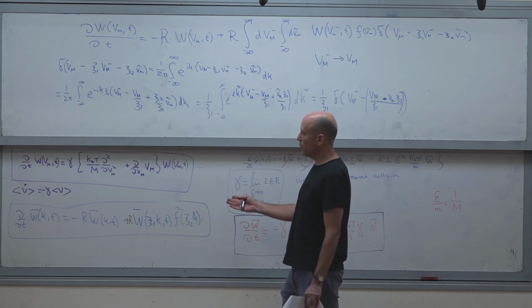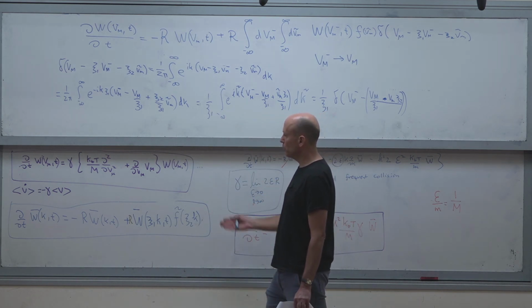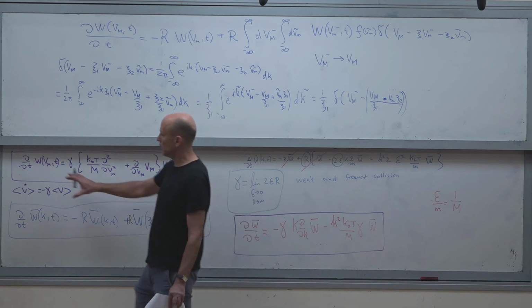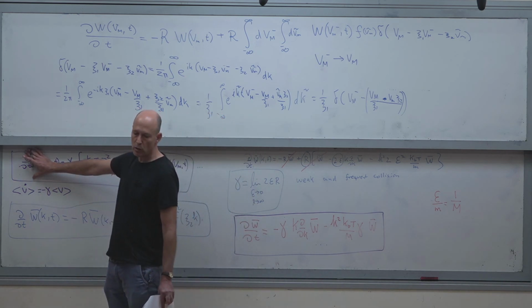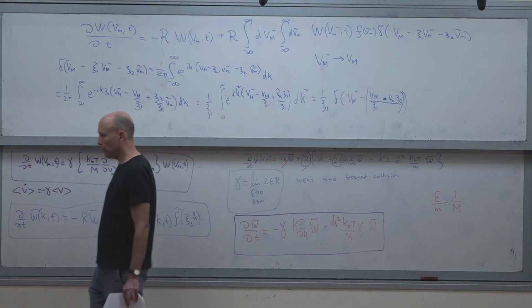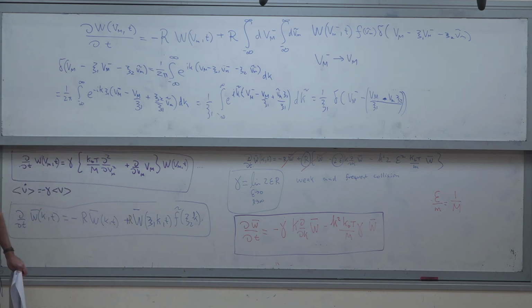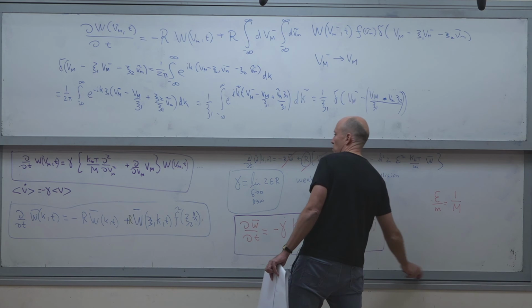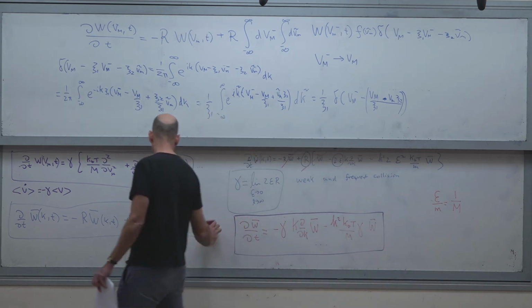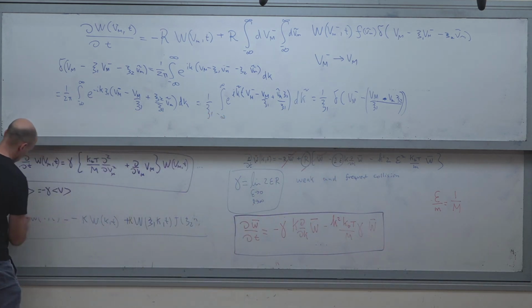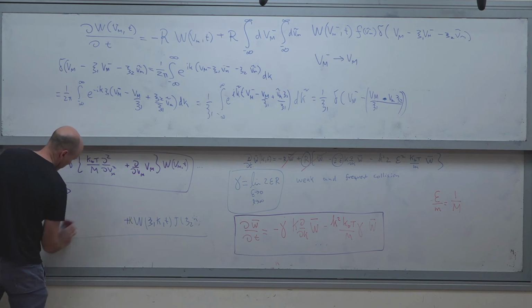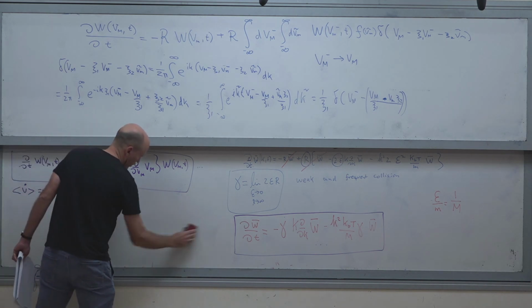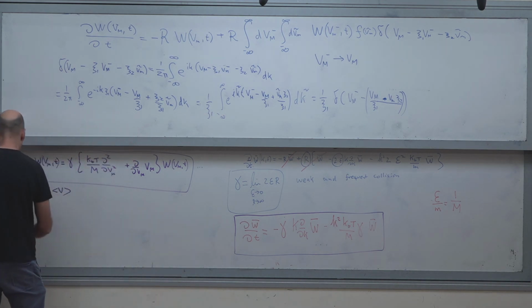From this, we get the equilibrium. What is the equilibrium of this? This is very simple. In the long time limit, this goes to 0, and then you get the Maxwell distribution. So, limit t to infinity.